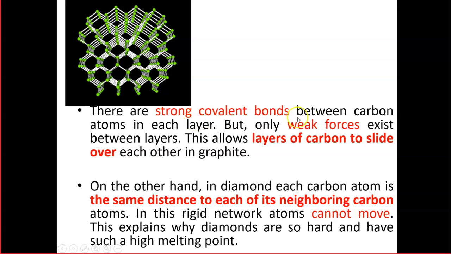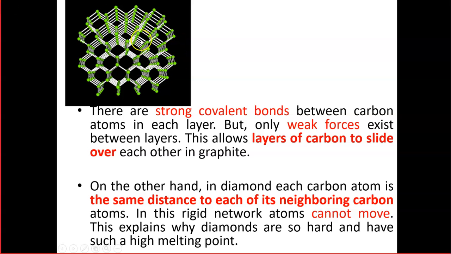There are strong covalent bonds between carbon atoms in each layer, but only weak forces exist between the layers. And this allows layers of carbon to slide over each other in graphite. So I told you graphite and diamond differ based upon how bonding is done.